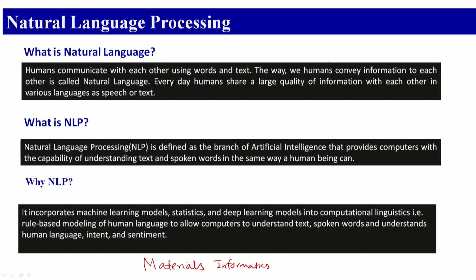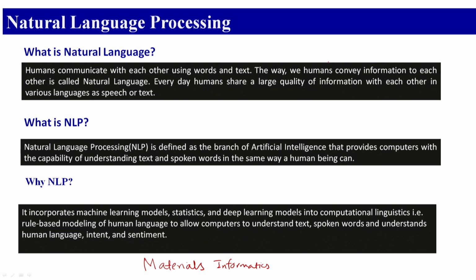What is computational linguistics? It is nothing but a rule based model of human language. As you know, every language has a grammar. How you use text, how you use words, how you connect words, all depends on the grammar of the language. English has one kind of grammar, Sanskrit has another kind of grammar, and your mother tongue will have another kind of grammar, but based on the grammar we make the text or sentences.